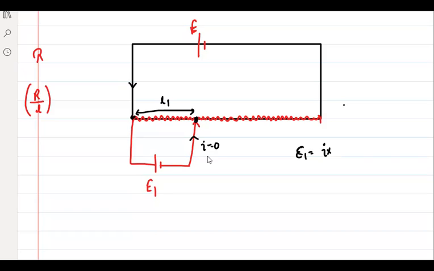So let us write this resistance as R1. Suppose this resistance gradient I name as lambda. So can I say, sir, E1 is equal to I into lambda into L1?